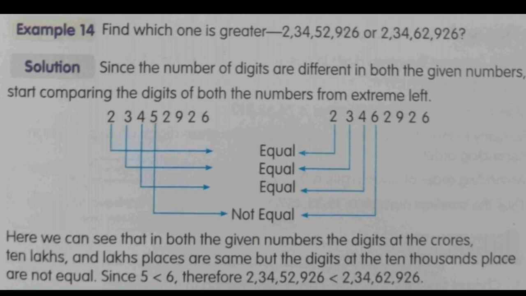Since 5 is less than 6, therefore 2 crore 34 lakh 52,926 will be less than 2 crore 34 lakh 62,926. So in such a case, you just need to compare each and every digit starting from the extreme left. In this way you can easily compare the numbers.